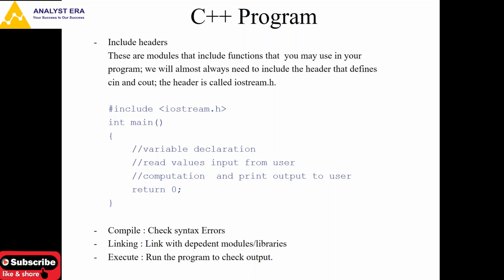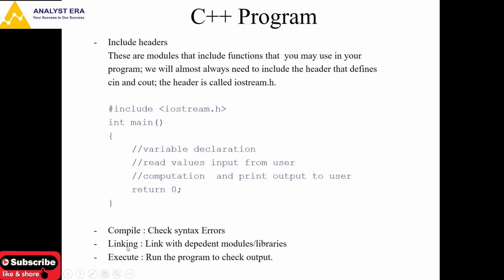These are just typing errors or syntactical errors, something like spelling mistakes, which are not supported by the C++ compiler. Those kinds of errors are visible in the compile step.